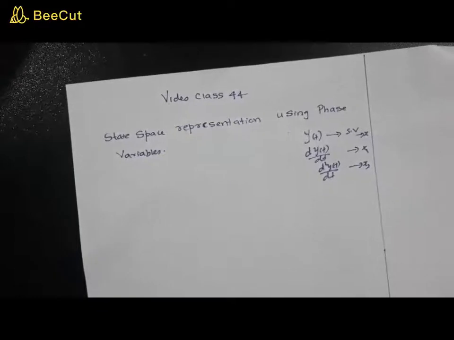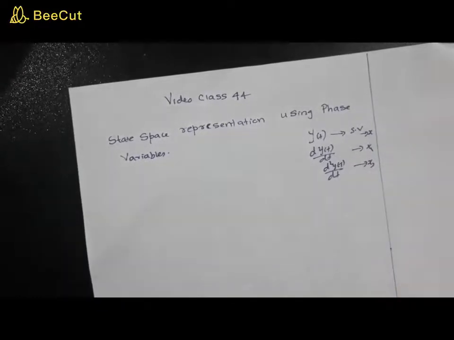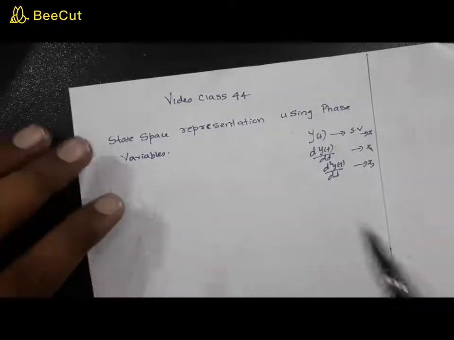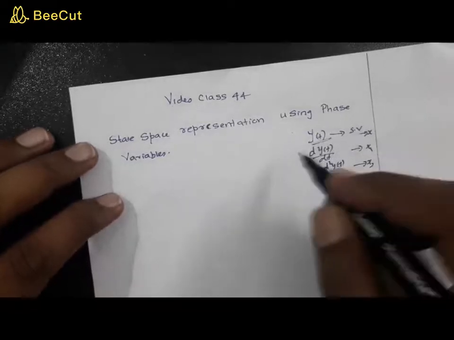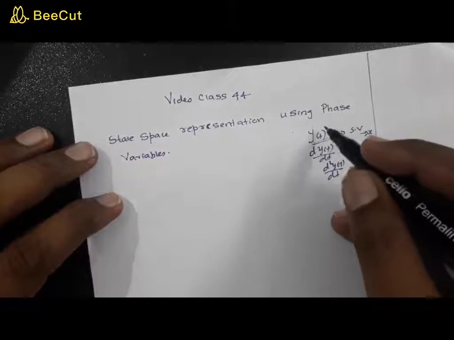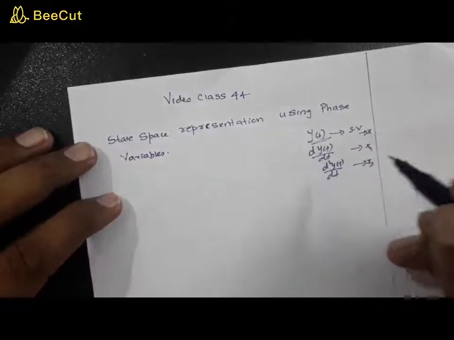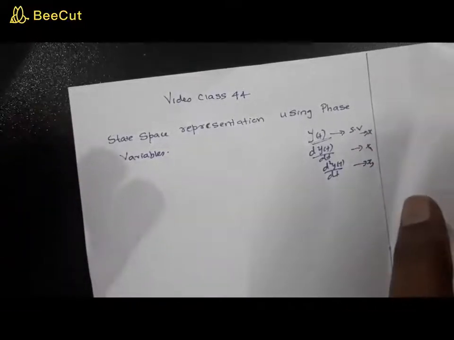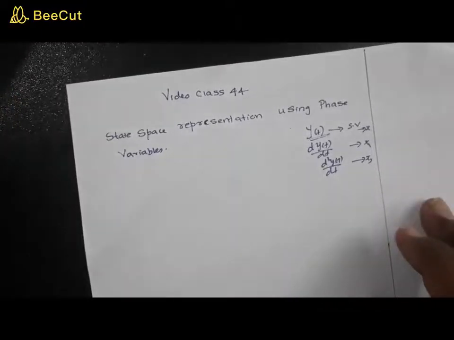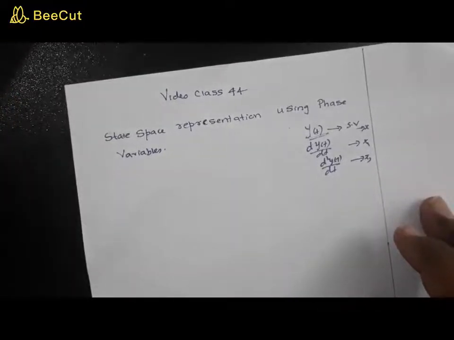Usually we get a system representation in terms of a differential equation, which relates the output as well as the input. So you can assign the output to be one of the state variables and its derivatives as the other variables. That's the difference: in the previous examples we assigned the variables associated with the system.